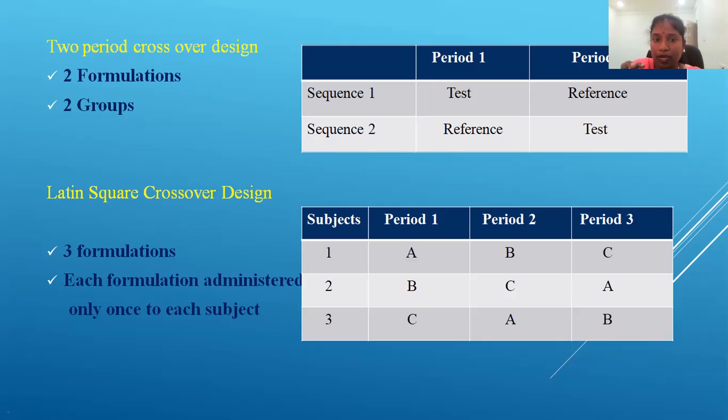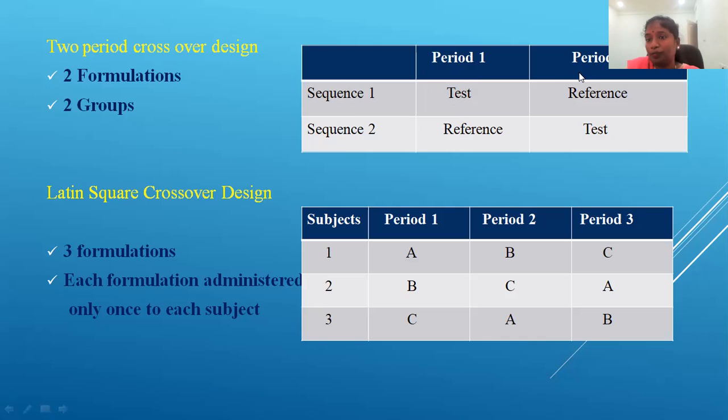On that 10 o'clock period, the group of 6 subjects gets the test drug, and in the same period you give the reference to the other group. So one group gets the test and the other group gets the reference.